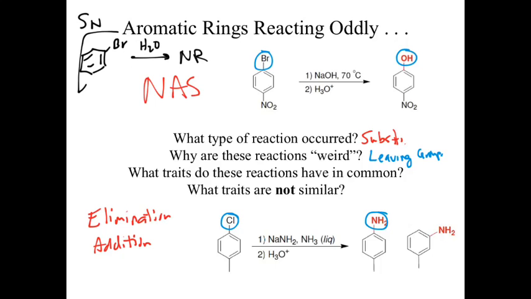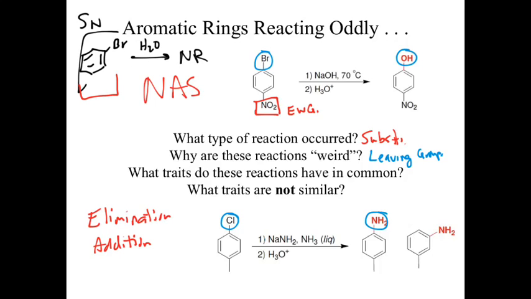So we need to look at it a little bit closer. So number one, we aren't starting with just a standard bromobenzene structure. In the case of our NAS, notice that we also have this NO2 attached to the ring. That NO2 is electron withdrawing, extremely electron withdrawing.